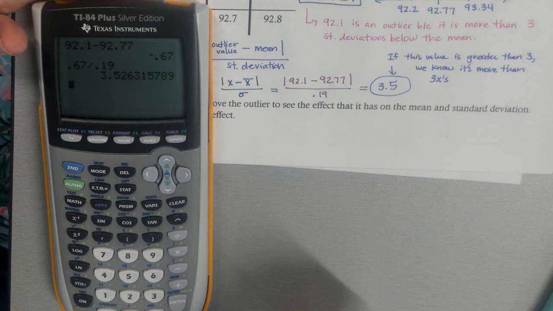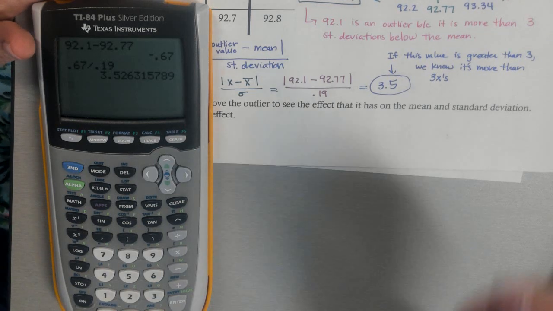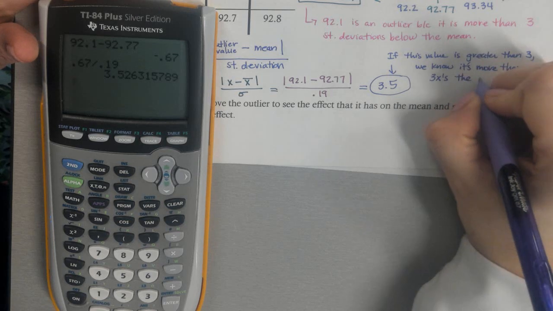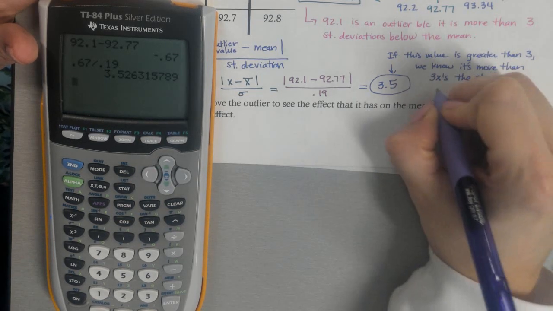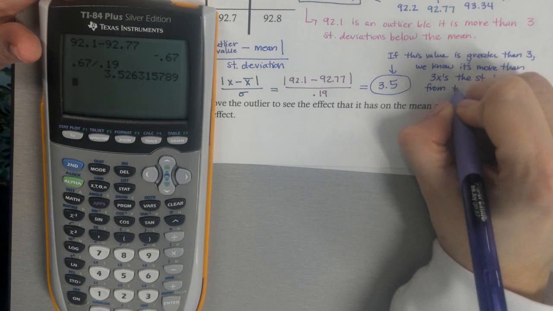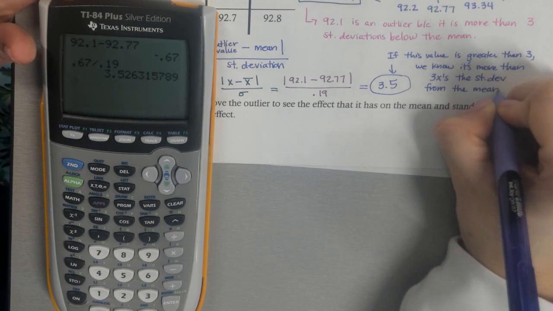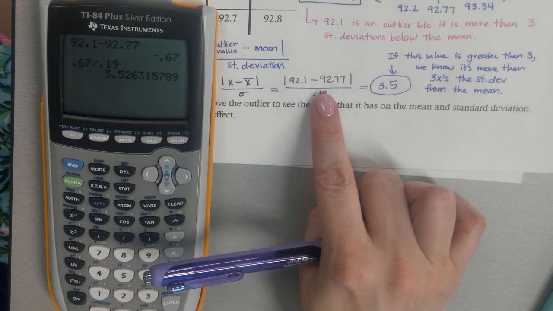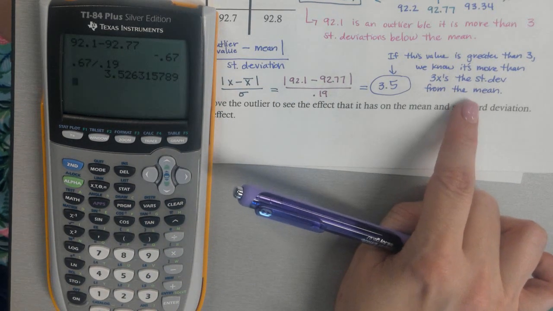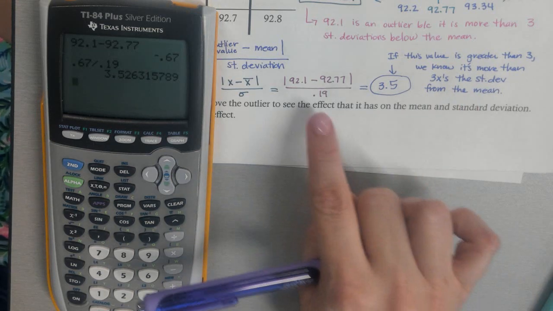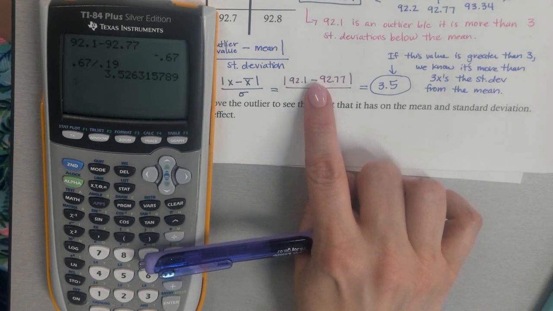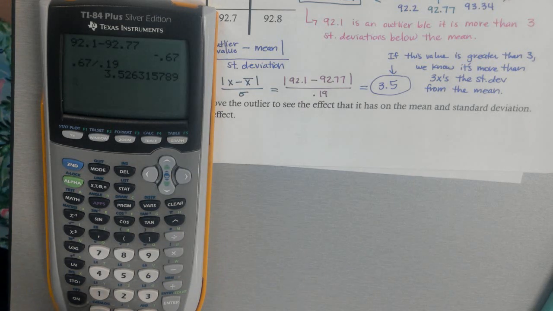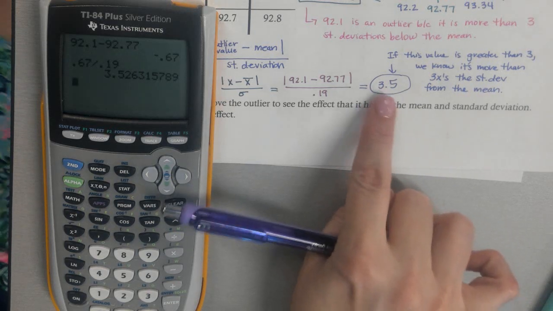You can write out times if you're going to think of that as x's. Do you guys know why it has to be the absolute value? So remember how this is below the mean? If you had the negative there, it's just because it's below. If it was positive, it means it's above. So you take the absolute value so you can compare it to the 3.